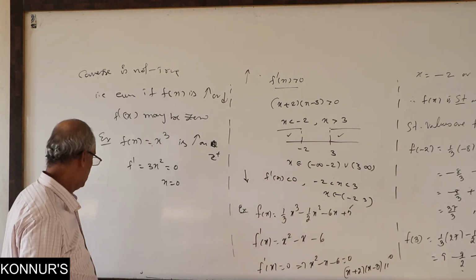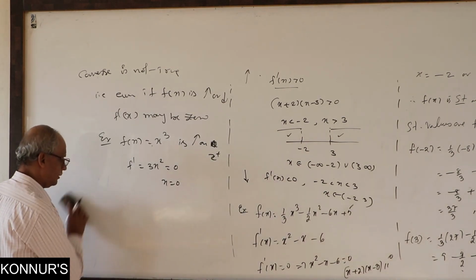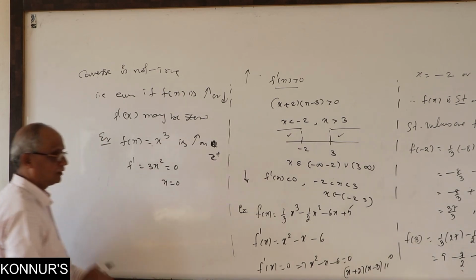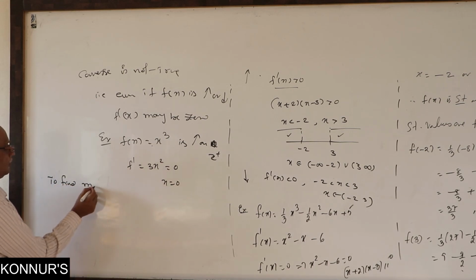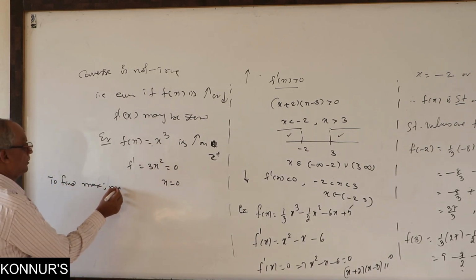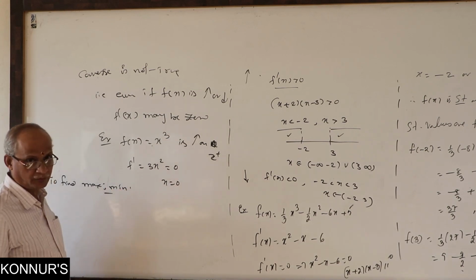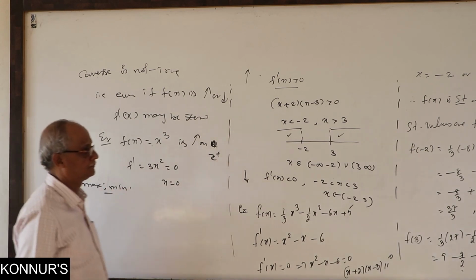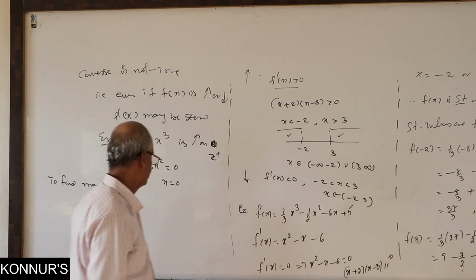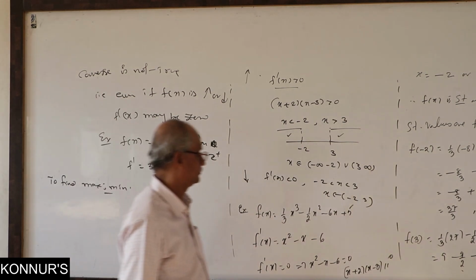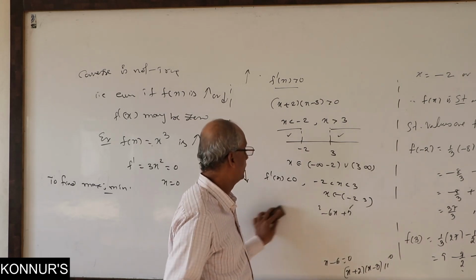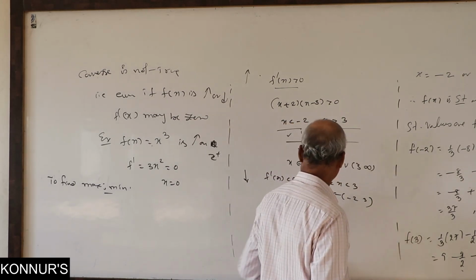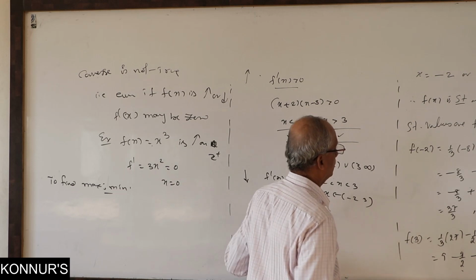Now we go for maximum minimum, that means how to find the maximum and minimum values. See, to find maximum minimum, first consider one problem.